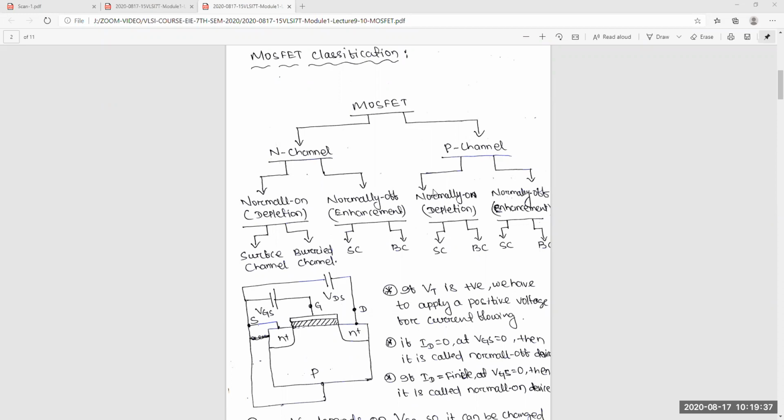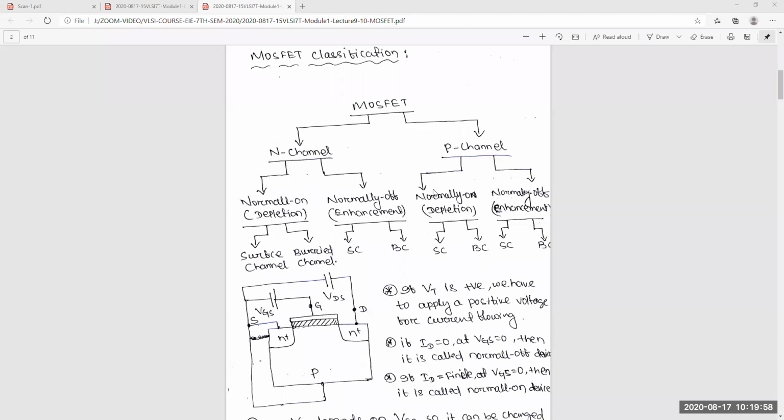It is the gate voltage at which there is an inversion charge at the interface of the semiconductor, the oxide and silicon interface. That means the channel will form.